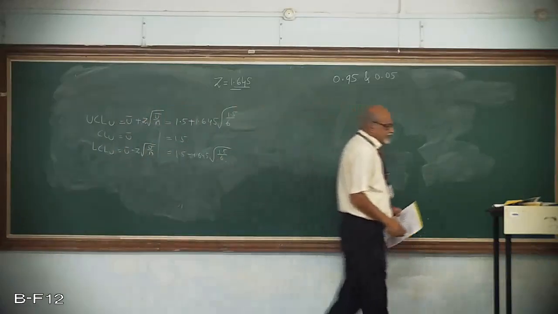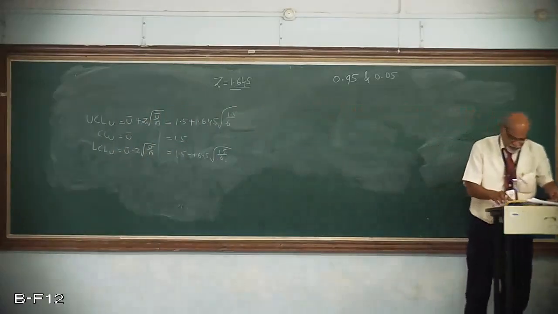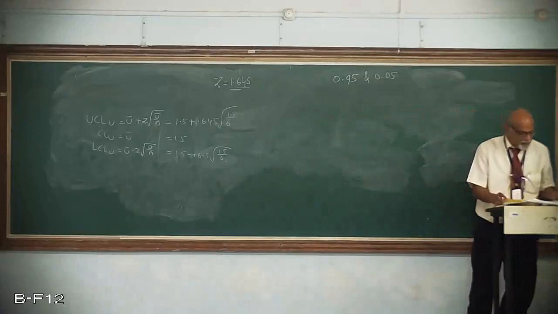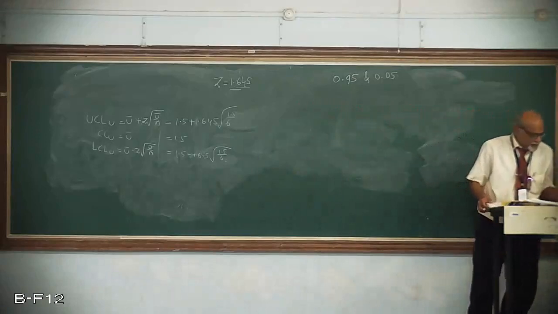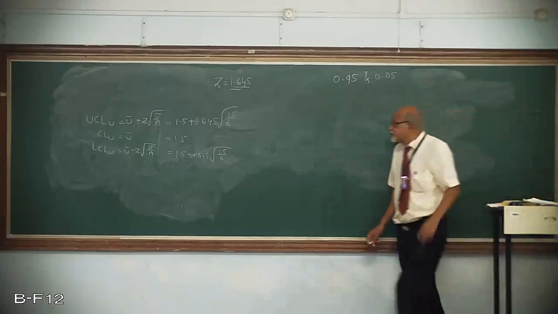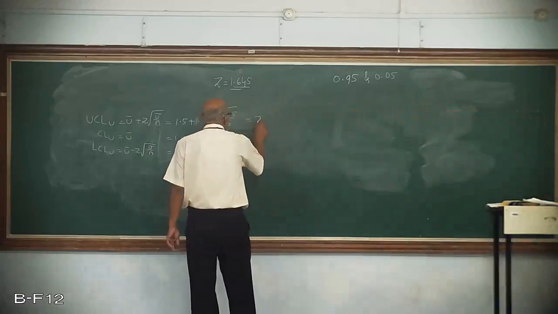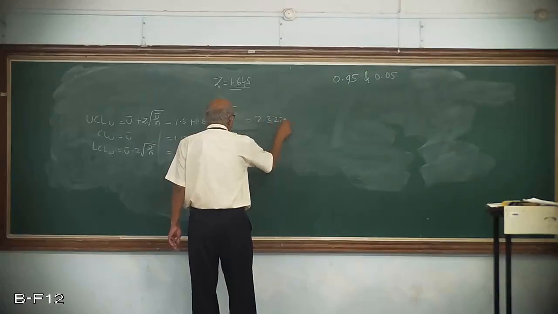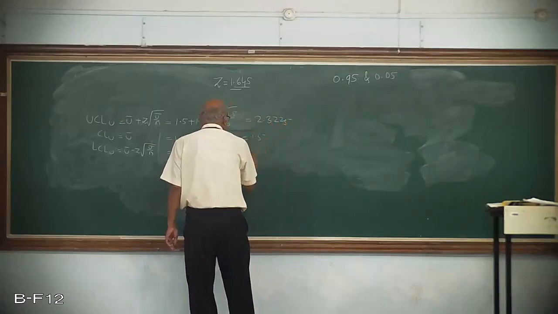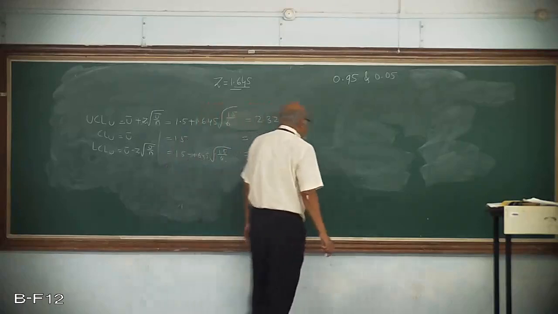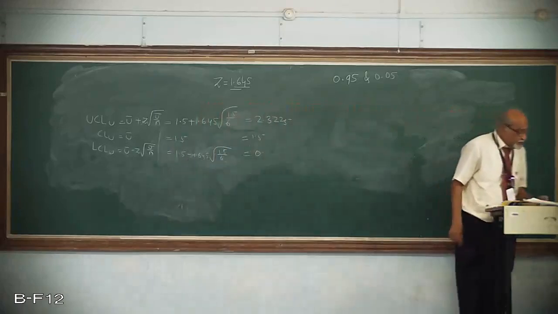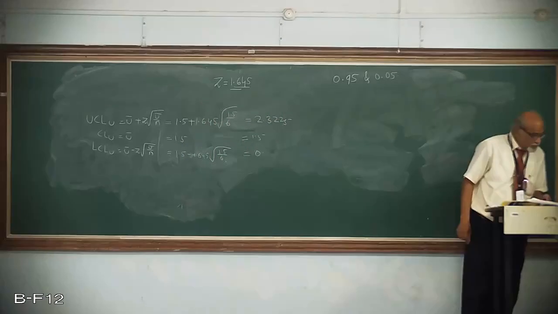So if it is calculated, the upper control limit works out to be 2.3225, the center line 1.5, and the lower control limit works out to be 0.6775.